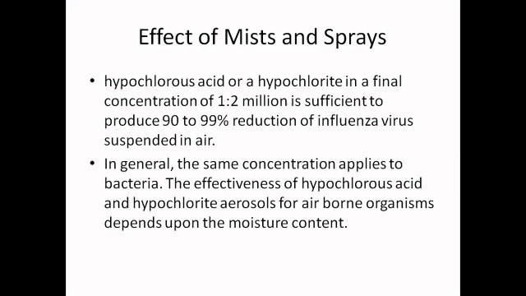Beta propiolactone is highly effective against microorganisms. Only 2 to 5 mg per liter of beta propiolactone is required to kill all types of microorganisms. It acts on microorganisms by inactivation of proteins and other biomolecules.